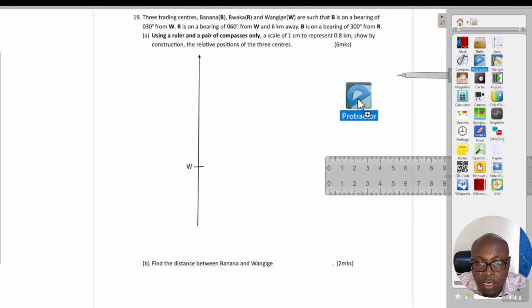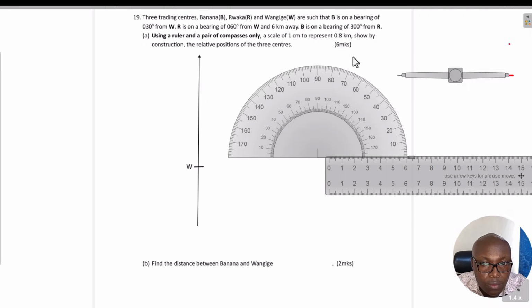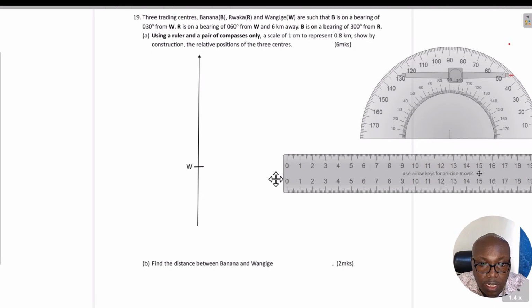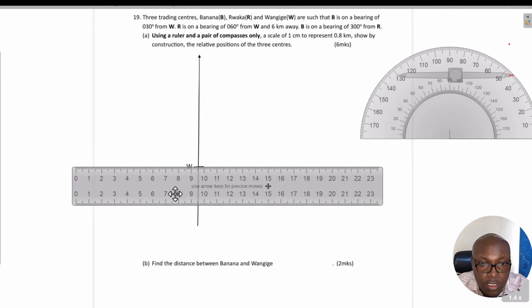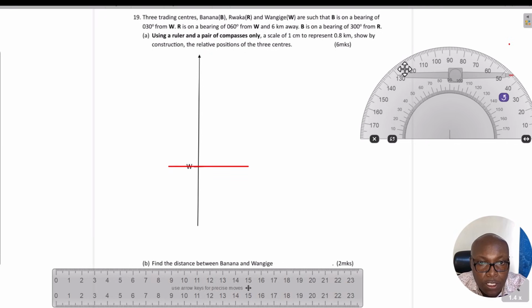So for example, we are supposed to measure 060. Let me take a pair of compasses here. I'll have to extend this line. You need to be very keen when you're extending this line, so that I'll be able to measure.